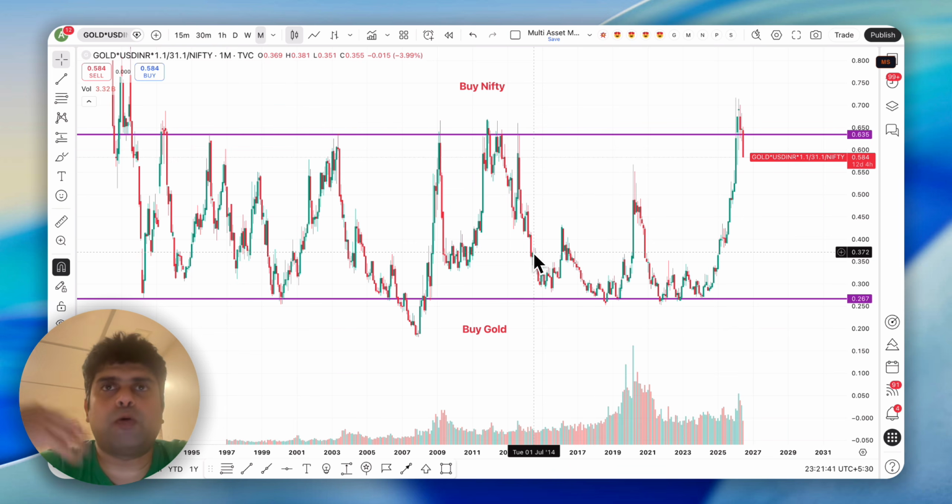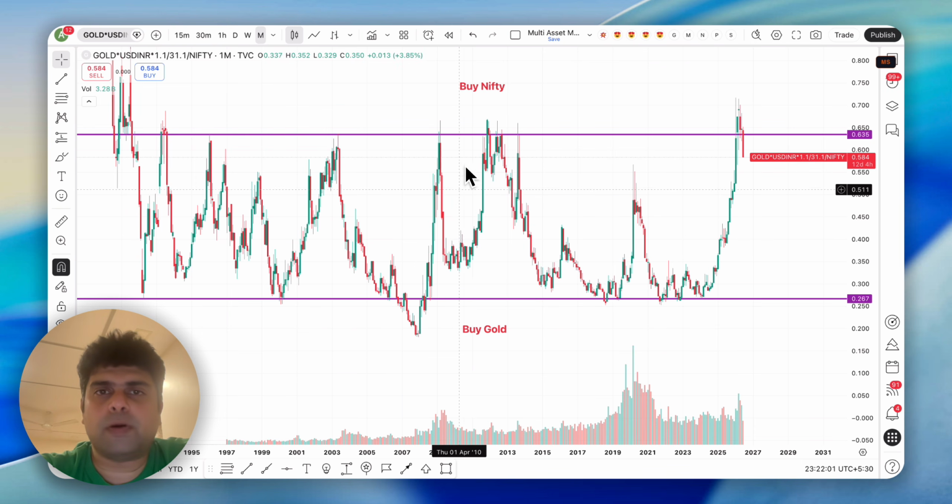For example, if I'm holding gold, I will start selling gold slowly, incrementally, right? But if it hits the bottom side, I would start selling Nifty incrementally, right? And by the time I am done, I should be able to hold the other asset class with me, right? So how does it actually work?